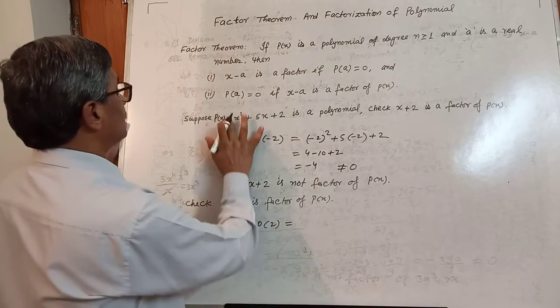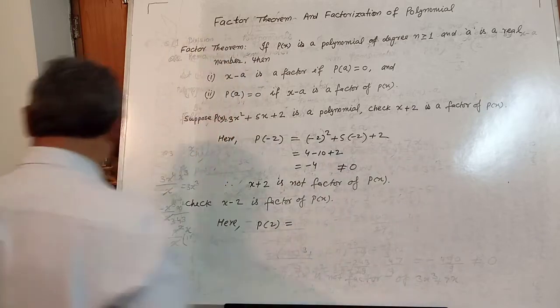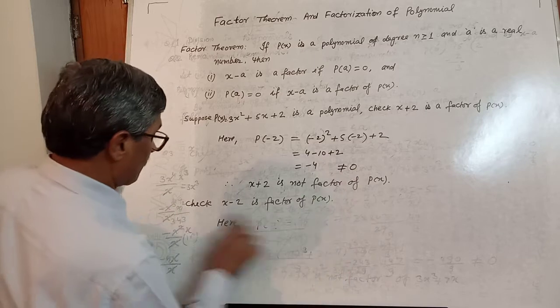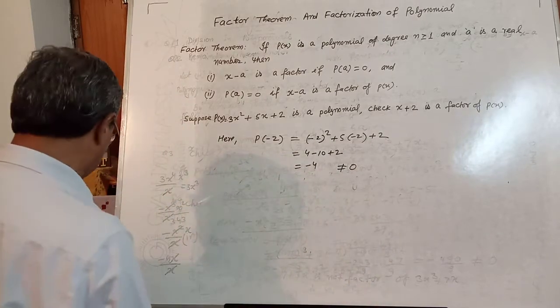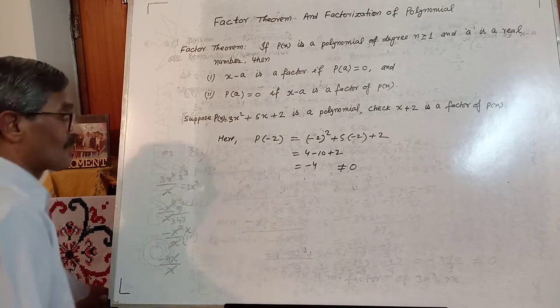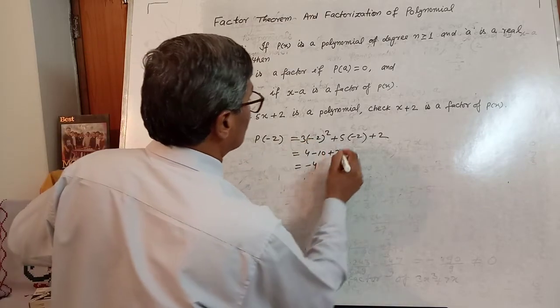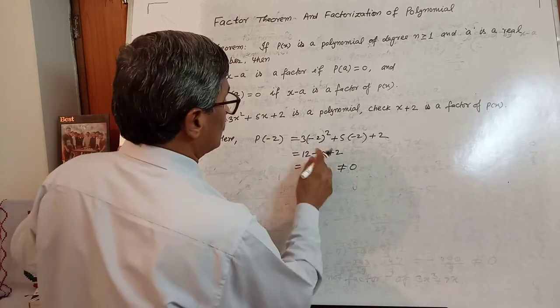Sorry, we have forgotten the 3 here. So one minute. This we have forgotten. Here 3 into 4 is 12, plus 10.